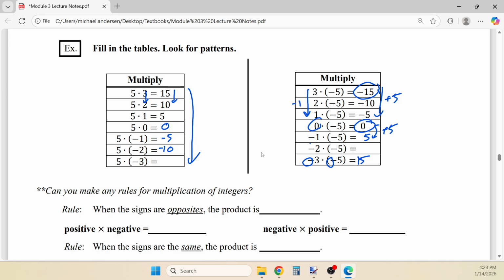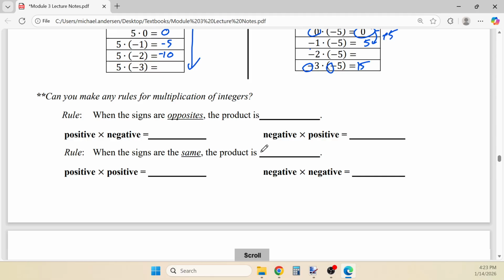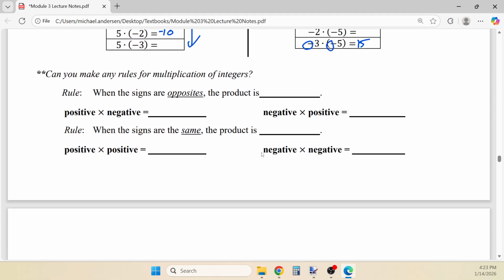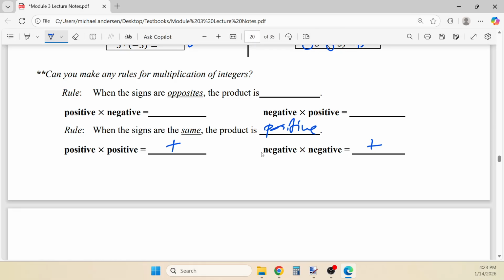I think we might have to spend some time together on Tuesday talking about that. The rule is that when the signs are the same, you get positives. And when the signs are opposite, you're going to get negatives. So 2 times 3 is 6.